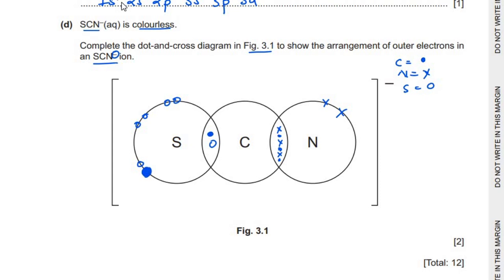So that's how sulfur is filled with 8 electrons, carbon also has 8 electrons including the shared electrons, and nitrogen also. So this is how we make a dot and cross diagram of the SCN minus ion.